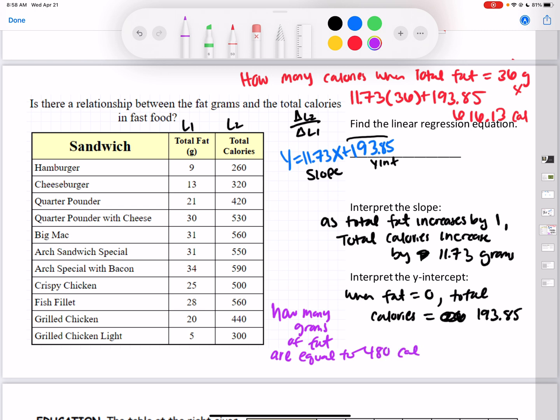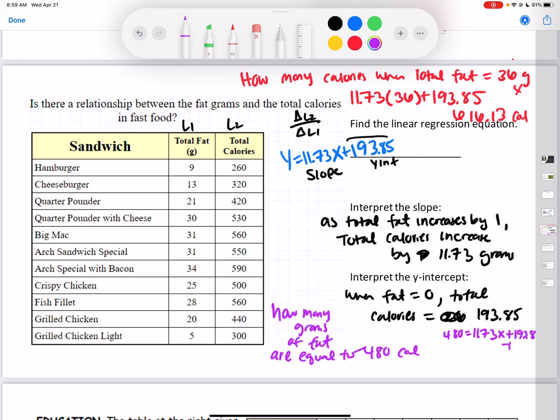So if I want to know what the X variable is here, I'm plugging in the 480 to the Y. So I would do 480 equals 11.73 times X plus 193.85.